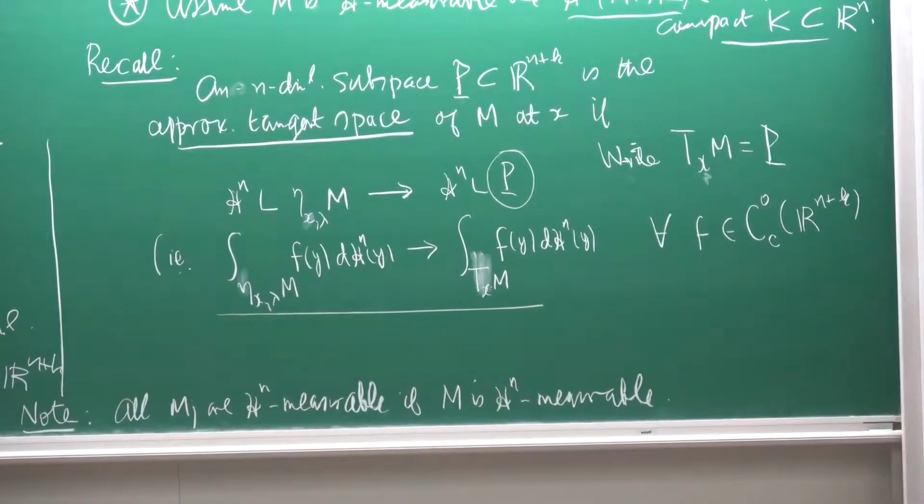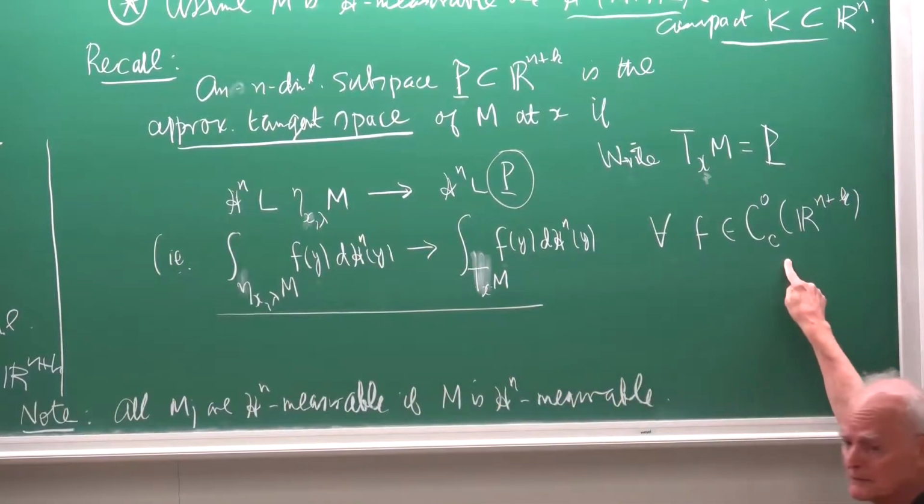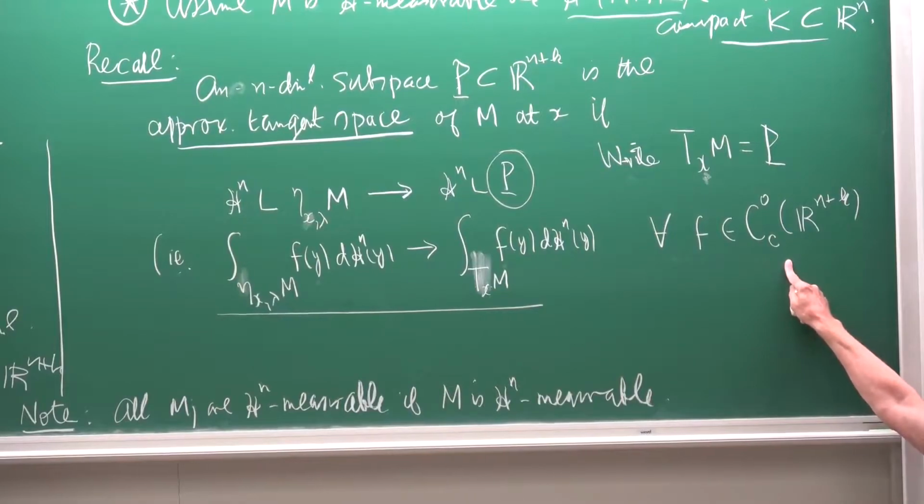It's pretty clear that we can get lots of information by just taking special choices of f. After all, this holds for every f which is C infinity with compact support. So it seems pretty straightforward that we should try some special choices of f and see what information we can glean from that.